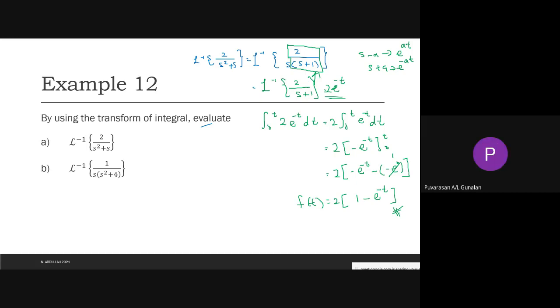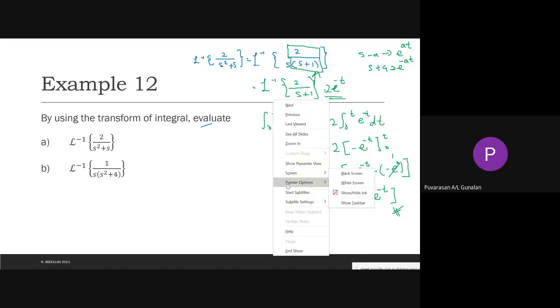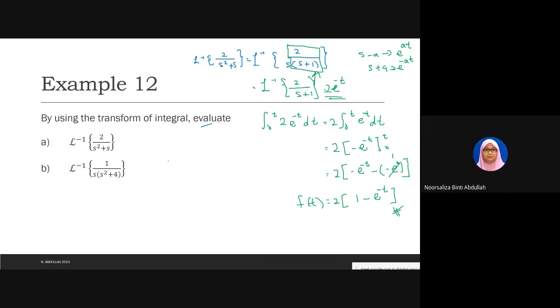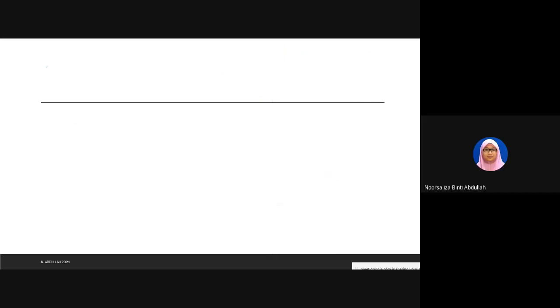Okay, can you repeat once? I don't understand. The whole question. Okay, you want to find the inverse of 2 over S square plus S. Actually, you can use many methods.